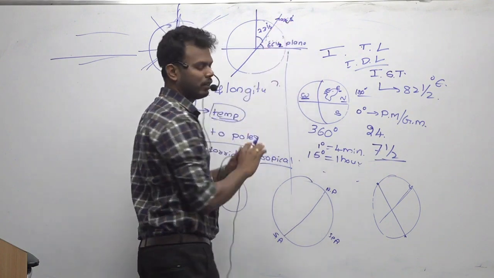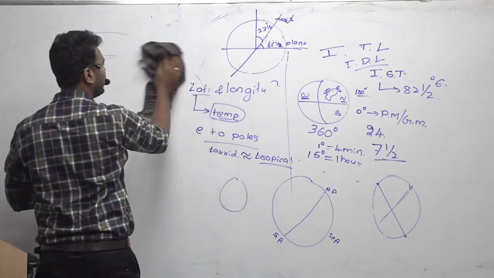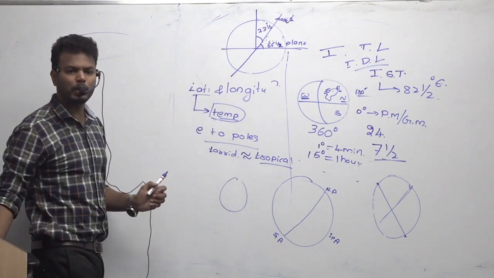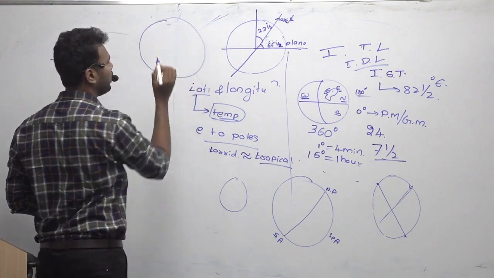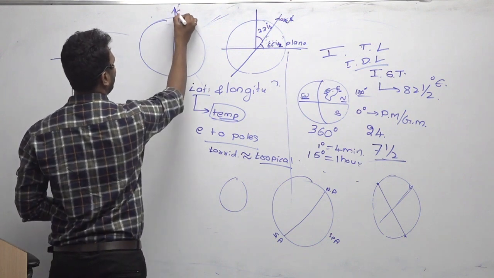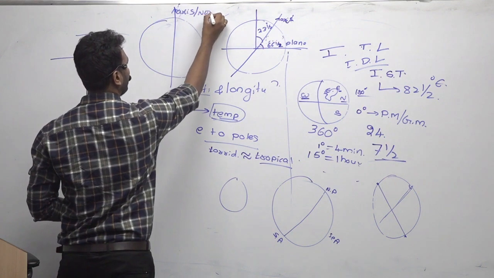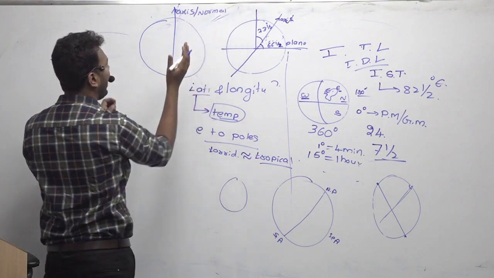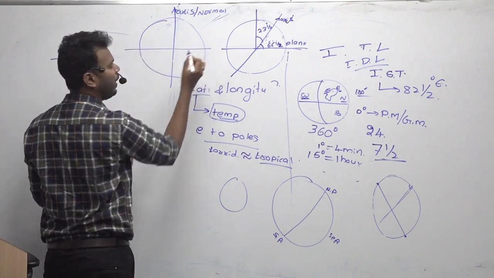If the earth would have been in this manner, this is the axis and it itself is the normal. The axis is coinciding with the normal and this is the plane.